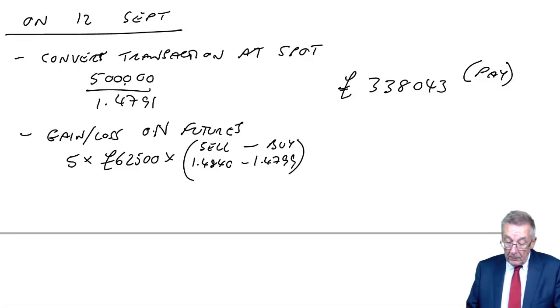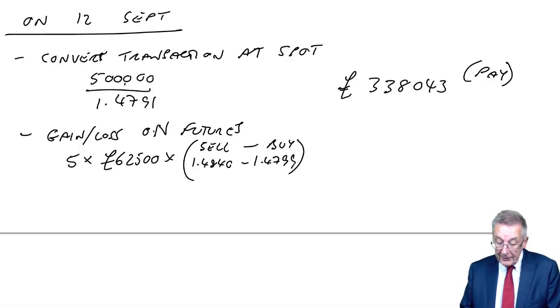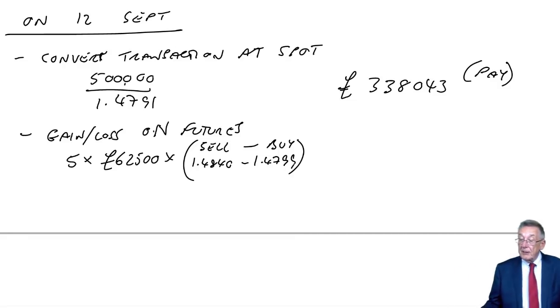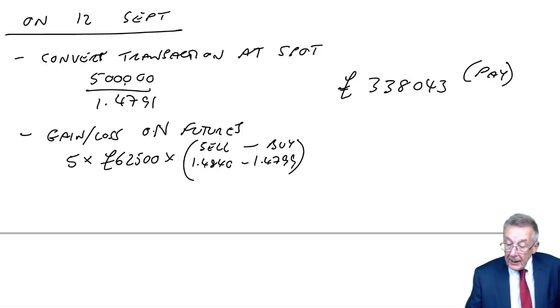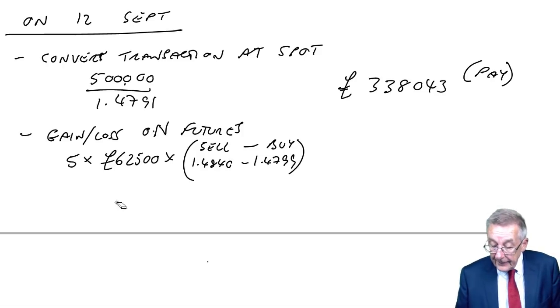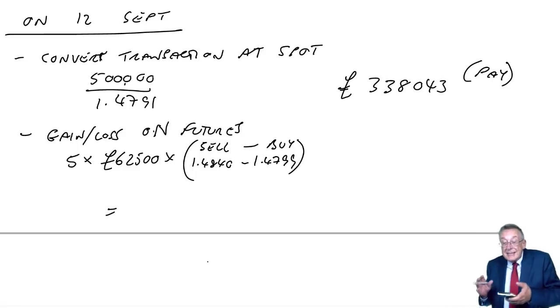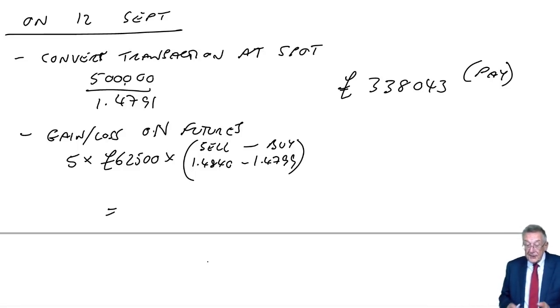So 1.4840 minus 1.4799 is a difference of $0.0041 on every pound. Again, the futures prices are dollars per pound. The difference, the profit, is dollars.